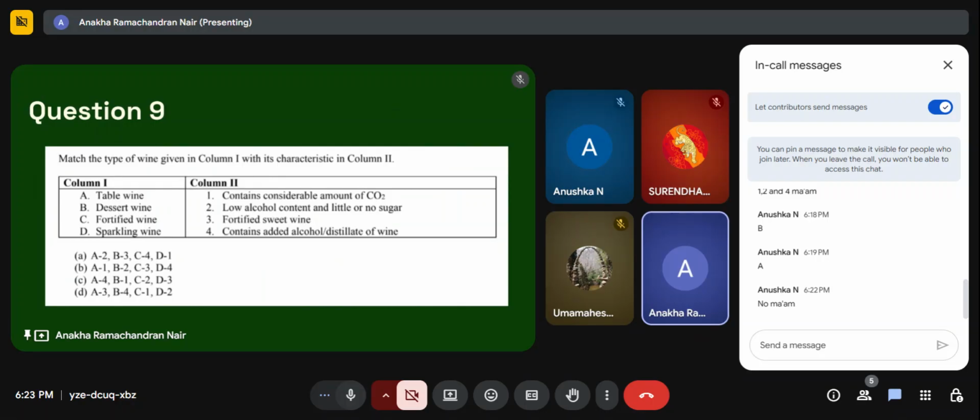Just try seeing what wine and what characteristic it is, and try guessing from the four options given to you which might be the correct sequence.